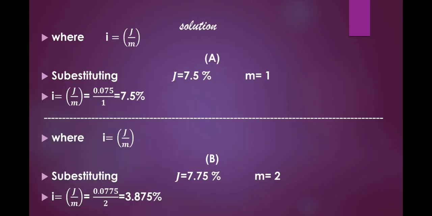So we will substitute for A: J is 7.5% and M equals 1, so I will be equal to 7.5%. We note that J will be equal to I. And for B, I will be equal to 7.75% over 2, which is equal to 3.875 per thousand.